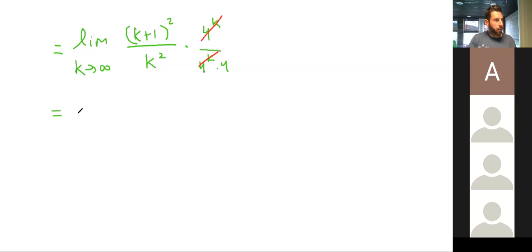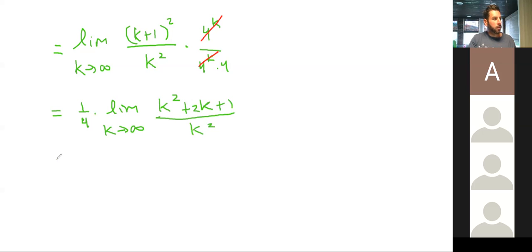And what we're left with is a 1/4 times this limit, which, if you don't see what it is right now, you can write it out, because this limit is just 1. And then how do we finish the problem?